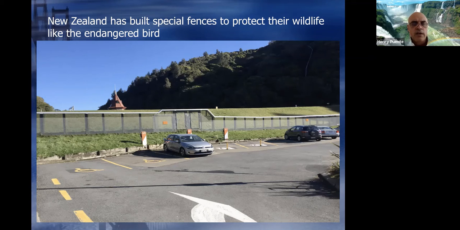Now, this is outside of Wellington, New Zealand. And the New Zealanders, the Kiwis, have essentially built this special fence. I know it looks like a normal fence to all of you. This is a terrible picture, I couldn't get a better picture.